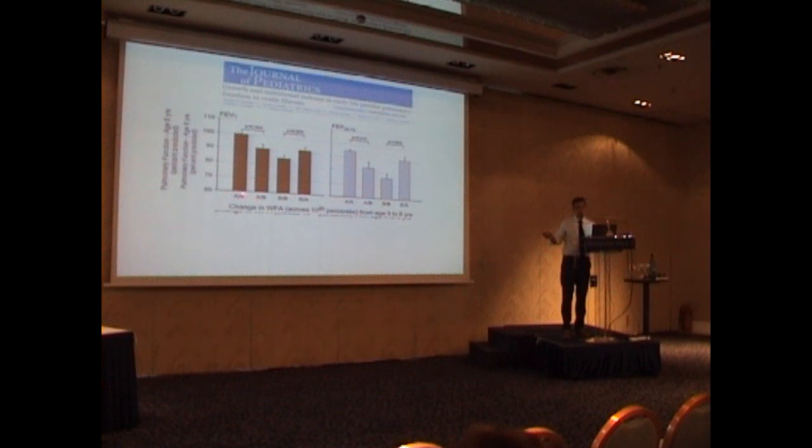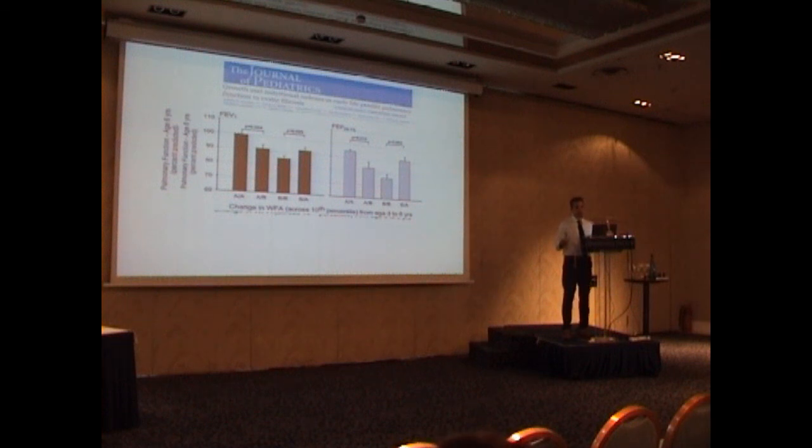This group of children had good nutritional status at age 3, but it got worse, and their lung function dropped. This group represented those with poorest nutrition at age 3, and still had bad nutrition at age 6. They have the worst lung function. But the most important point of this study is that this group here, who had poor nutrition at age 3 and better nutrition at age 6, actually had improved lung function.